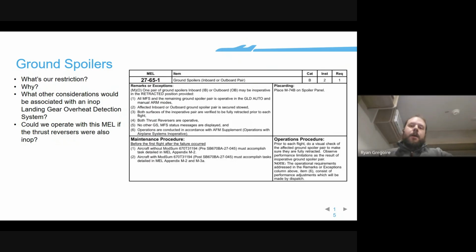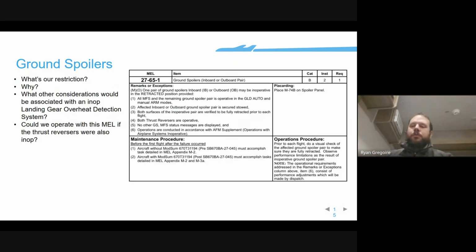Yeah. So likely if we see a deferral for the ground spoilers, and this one is mentioned in the MEL block, though not as directly. We can see in the operating procedures: note, the operation requirements addressed in the remarks or exceptions column above item 6 consist of performance adjustments which will be made by dispatch.